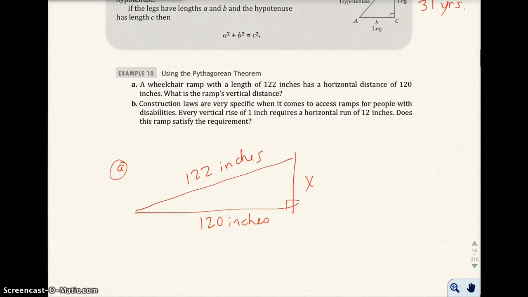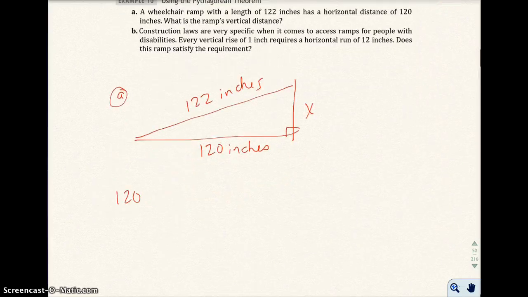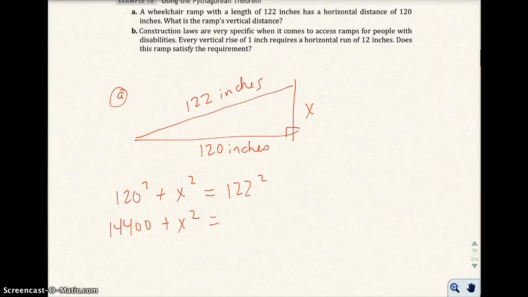Okay, so we use the Pythagorean theorem. We know 120 squared plus x squared equals 122 squared, and a squared plus b squared equals c squared. So 120 squared is 14,400, plus x squared equals 122 squared, which is 14,884.